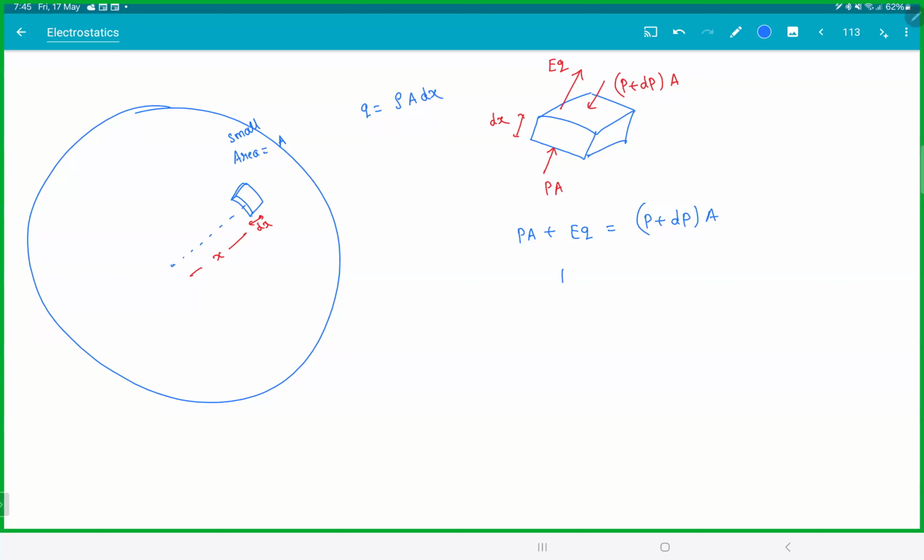PA will cancel. So this field is K Q small r by r cube, and the Q is rho A dx, is equal to dP into area. Clear?